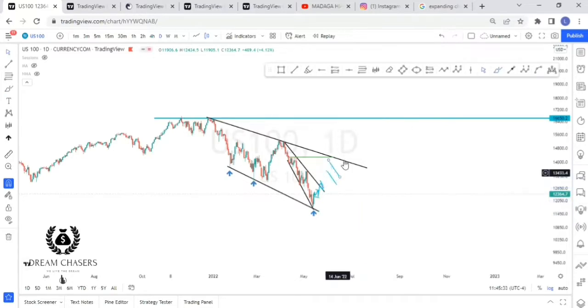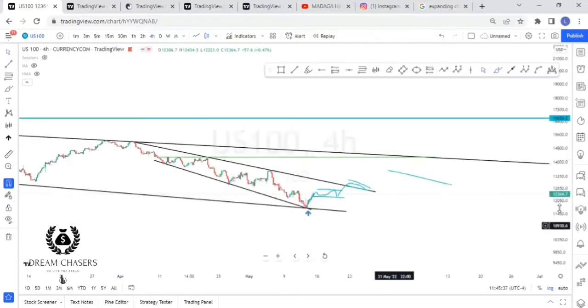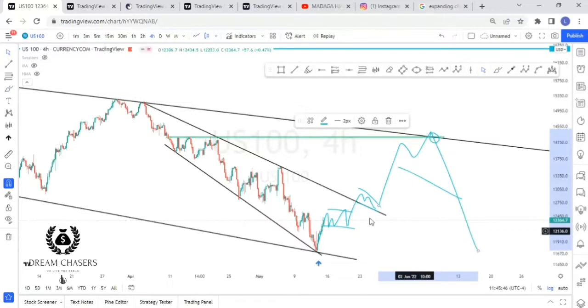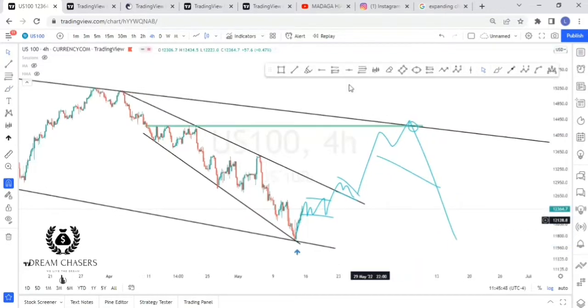Otherwise, you might just target our previous low. Or the market comes here and does whatever it does, breaks up and buys.